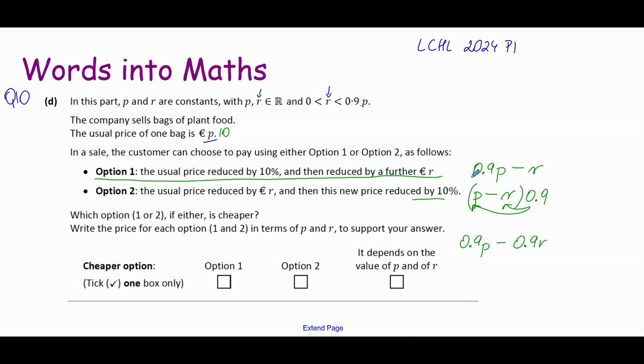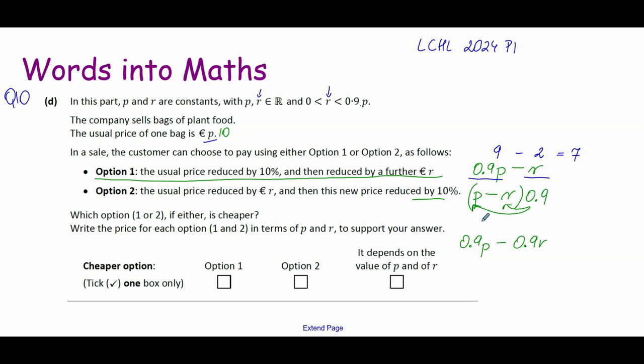So in our first option, from a number, I take a number. So let's say, that's what I'm telling you, put values into it, it could be easier. So let's say from 9 euro, I take away, let's say, I don't know, 2 euro. Okay, let that be the reduction. So that means I'm paying 7.